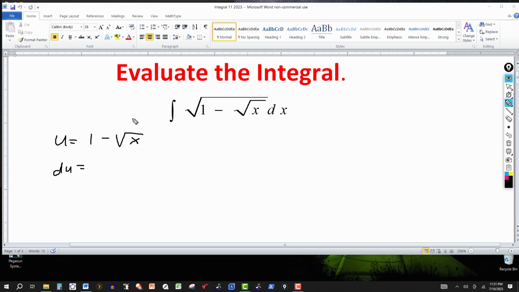Think of this as x to the 1/2. Let me write it this way. Use the power rule for derivatives here, so 1/2 times the minus 1 is minus 1/2. Subtract 1 from the 1/2 will give me x to the minus 1/2.